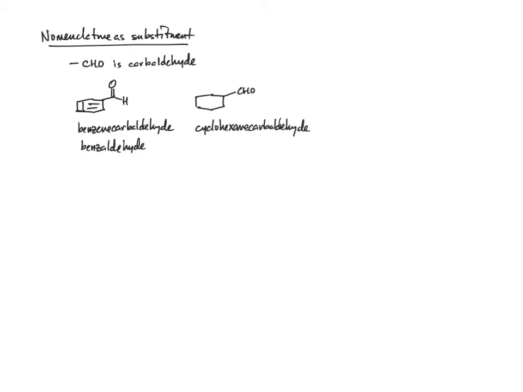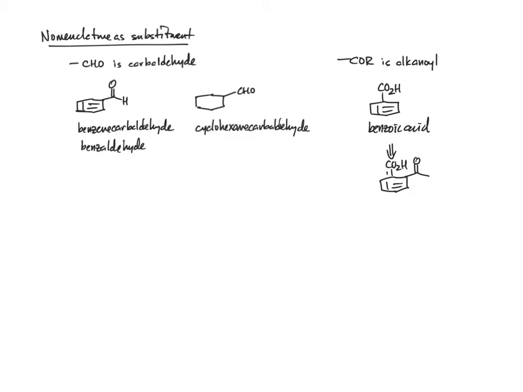So the ketone, the COR group, is alkanoyl. For example, if we have this compound, which is benzoic acid, and say we're going to make a substituent off there that's a ketone.